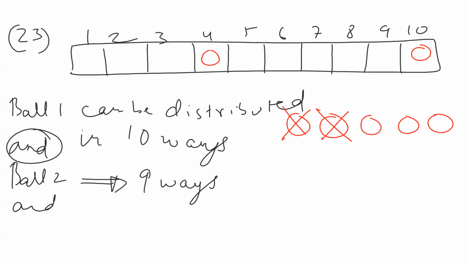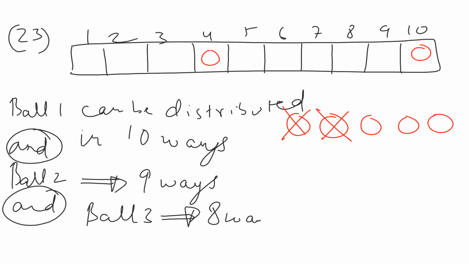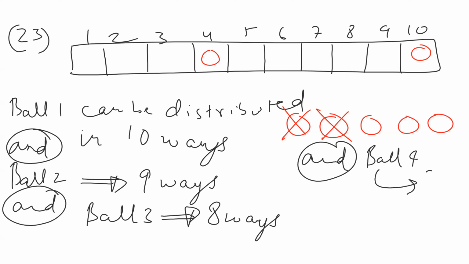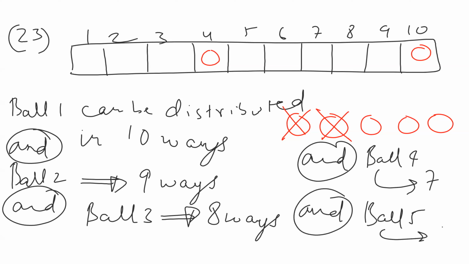And ball 3 can be placed in 8 ways. And ball 4, 7 ways. And ball 5, 6 ways. Understood? Are you able to understand this? As one ball is placed, the number of options will also reduce.